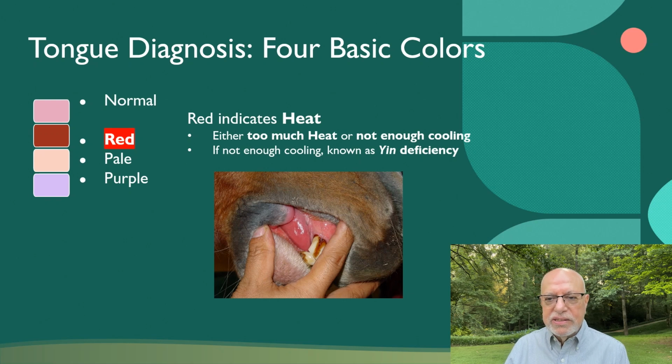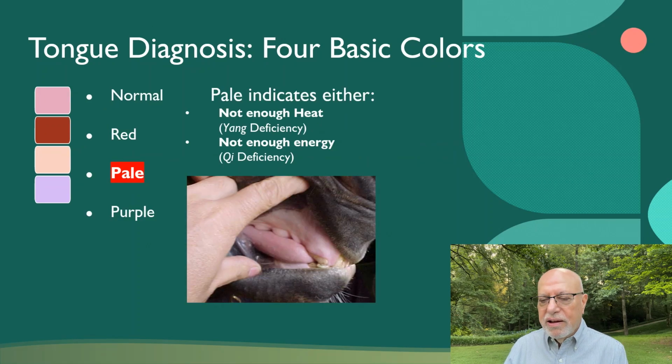This tongue of the horse here is really red, which tells you that there is some kind of heat. Heat and cold is another concept in Chinese medicine, which fits very well once you start absorbing this concept in your own mind. Maybe it's too hot, or maybe there's not enough cooling. So the red color indicates that.